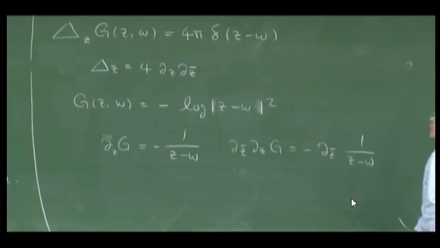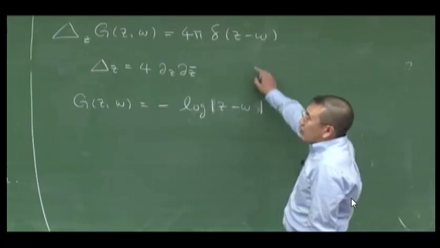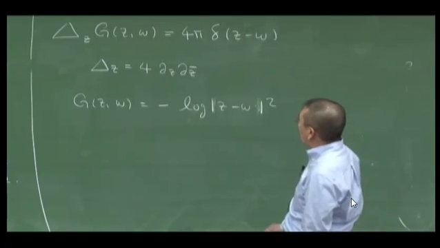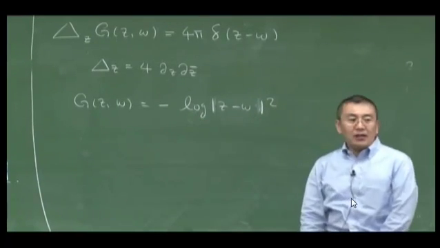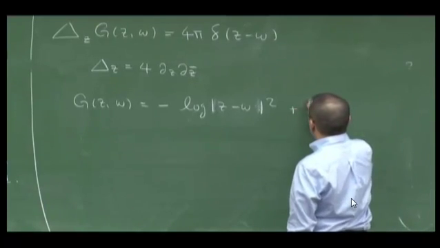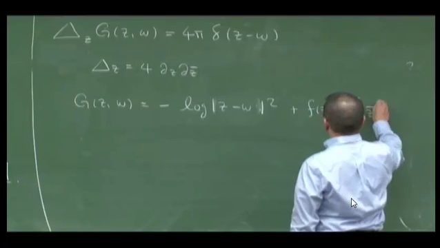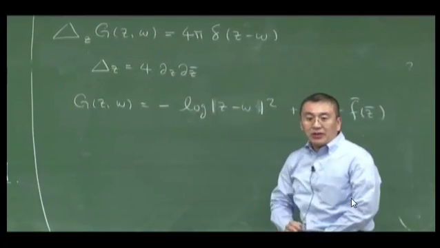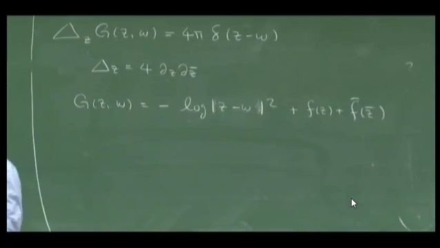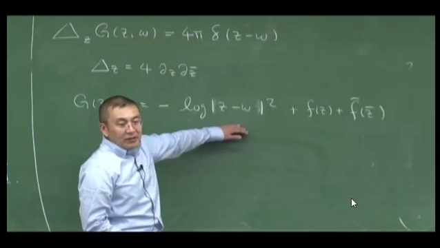Okay? So you see that, therefore, in 2 dimensions, a special solution to this Laplace equation with source is given by the logarithmic function. Of course, we can add any holomorphic function to it or its complex conjugate, and we still have a solution to this equation. But one thing that is very interesting to note is that this is a logarithmic function.